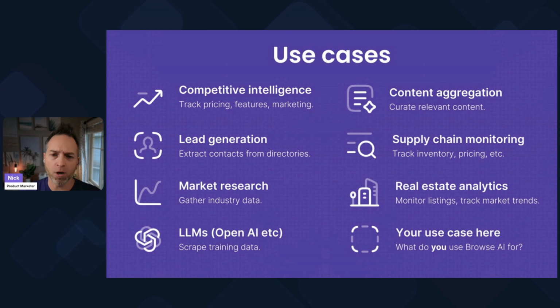Lead gen is a big one, market research, aggregating content from maybe multiple websites all on one topic. Real estate is a huge one for properties and also for real estate agents. It could be one for directories. LLMs is becoming a bigger one where the LLM will do most of the processing of the data and you just kind of give it the bulk. Here's everything. Now you tell me about my data.